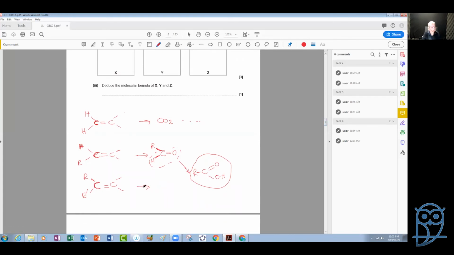So this is a ketone, of course, because then this is the carbonyl group, the characteristic of ketone, and here are the alkyl substituents that appear in this alkene, which becomes oxidized. So there is our ketone.